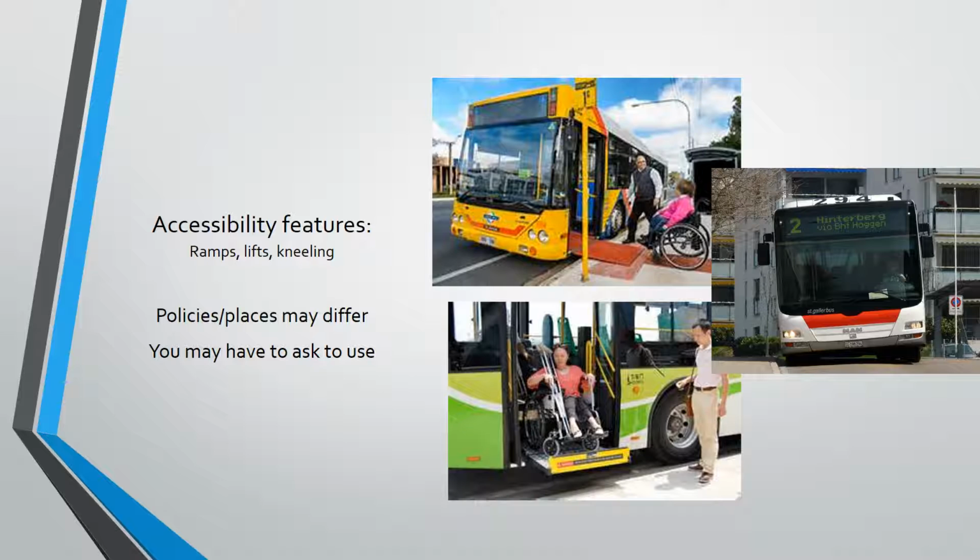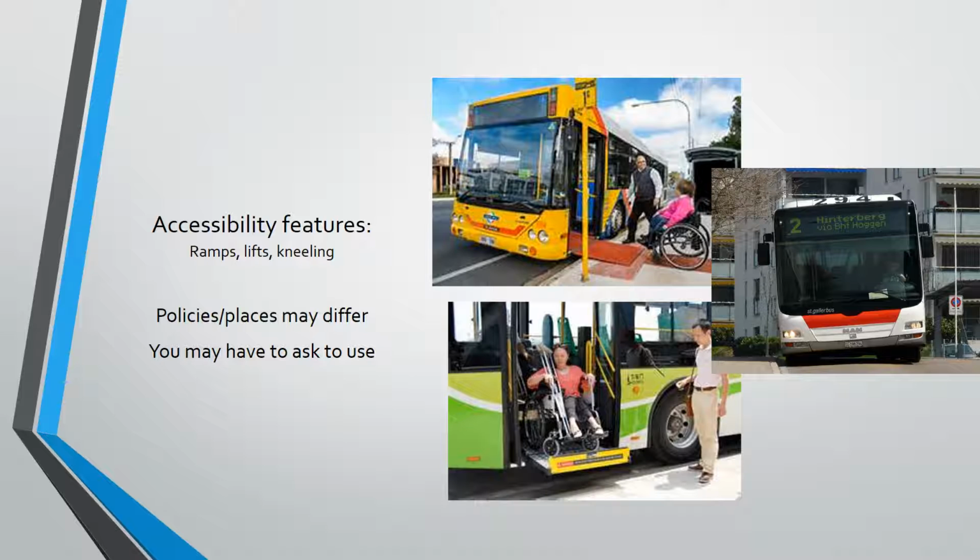Some of the key points that students don't always see when they ride public transportation, to know the accessibility features, okay, is the use of ramps, lifts, and kneeling. If we take a look at the far right-hand side here, you see that this bus that I'm highlighting, the number 2 on it, is kind of leaning.